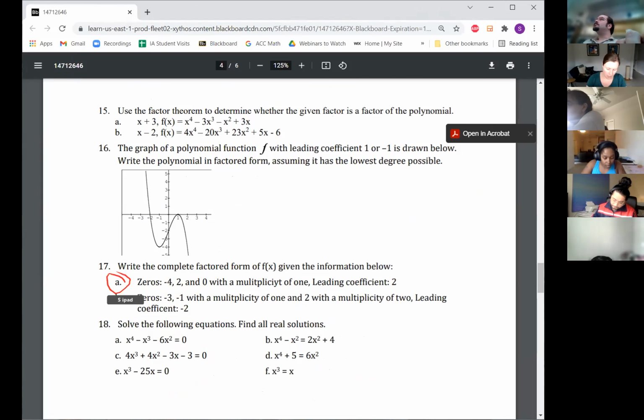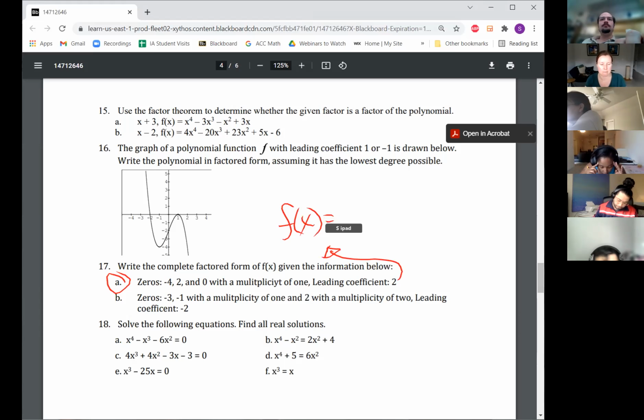Let's at least do A. If my zeros are -2, 2, and 0 with a leading coefficient of 2, does anyone think they could write the function for this problem? Anyone want to take a stab at it?